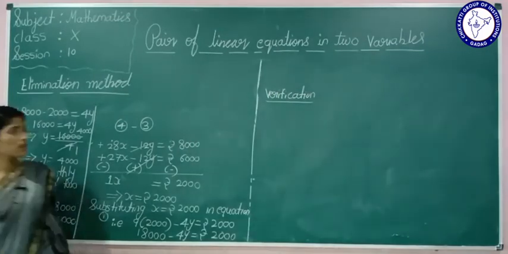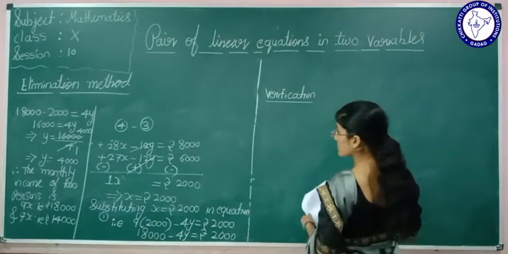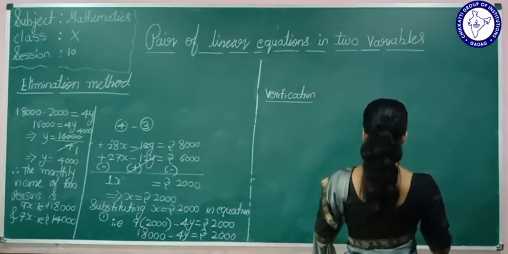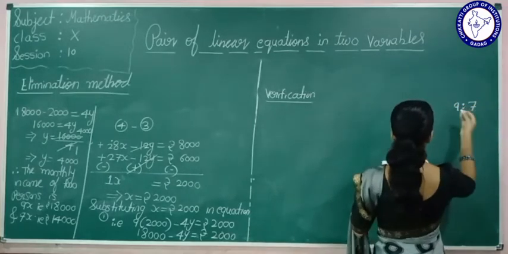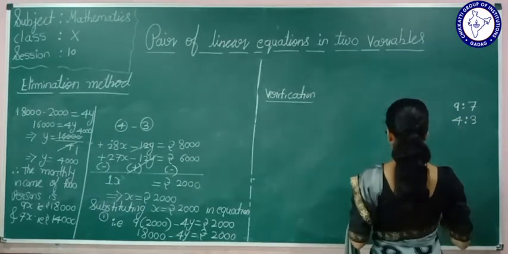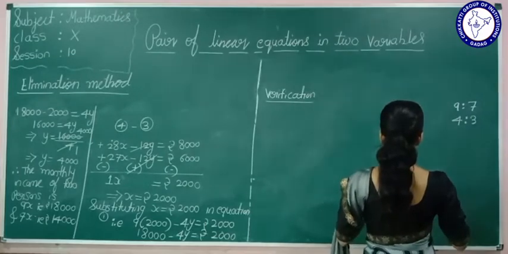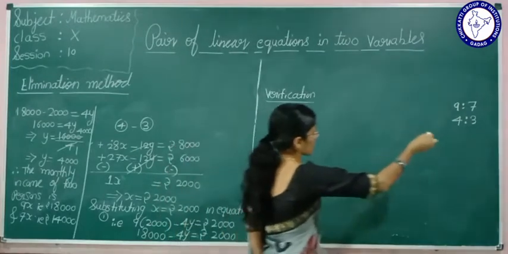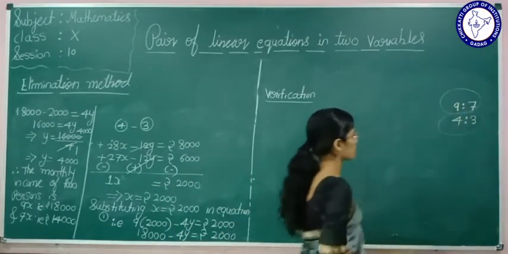Now see, the ratio of the monthly incomes of the two persons, what have they given? In the question they have given income ratio 9:7 and expenditure ratio 4:3. Now we will do the verification here.